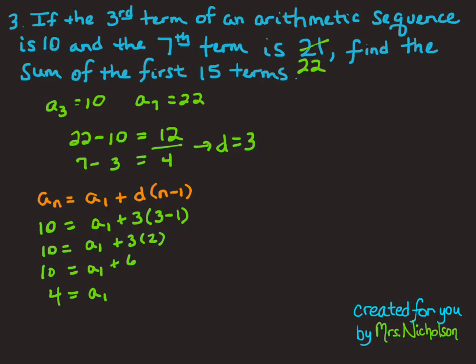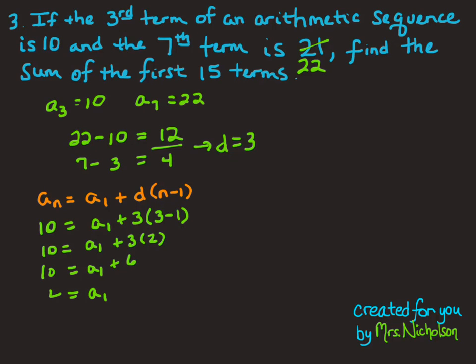So now I think I have everything that I need to find the sum of the first 15 terms. Sum of 15 terms is going to be 15 divided by 2 times, oh, you know what? I don't have everything I need. I need the 15th term. So let's erase that. Let's find the 15th term. Whoops, I erased a little too much.